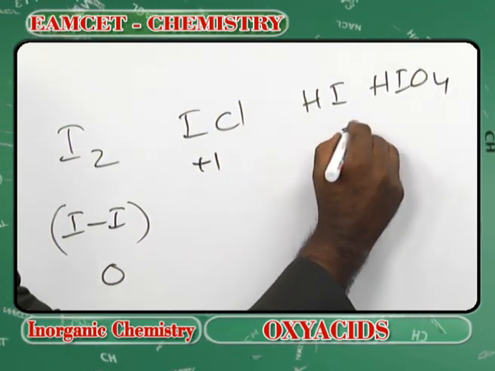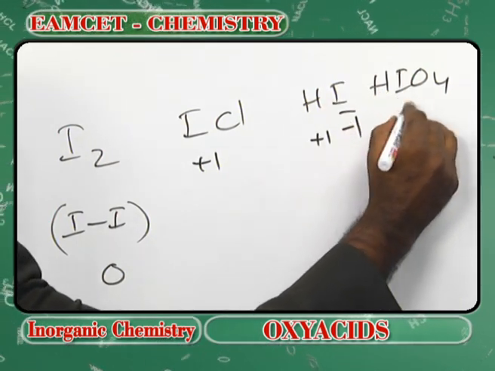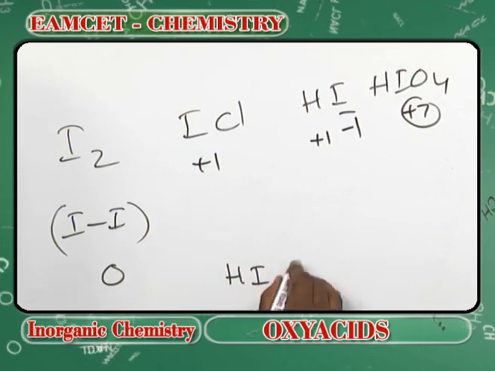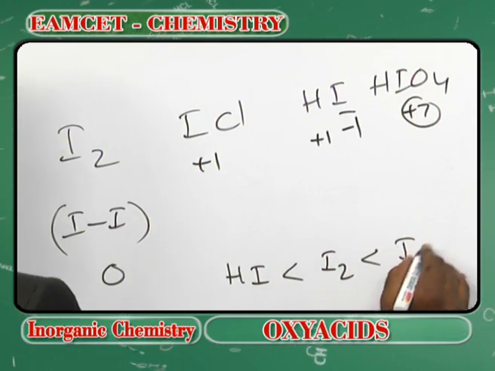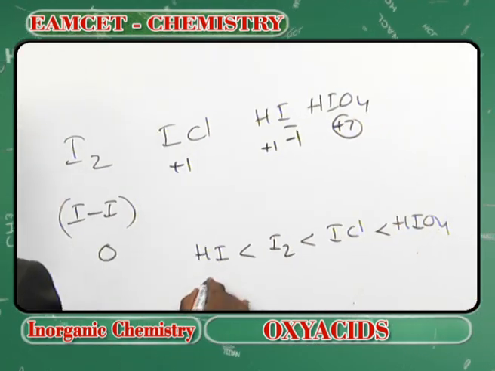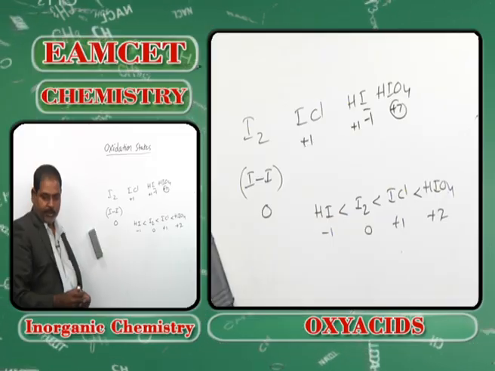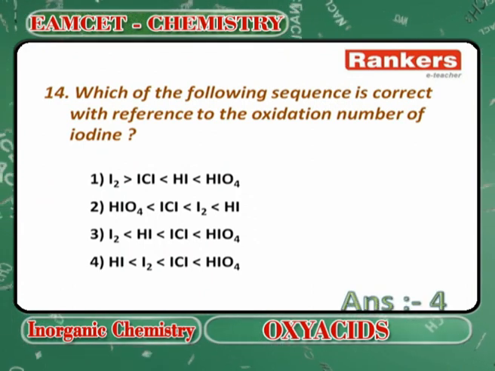Iodine more electronegative, minus 1. Hydrogen is plus 1. Iodine plus 7. So what is the least? HI less than I2 less than ICl less than HIO4. So minus 1, 0, plus 1, plus 7. Where do you have HI being the least? We have only in option number 4.